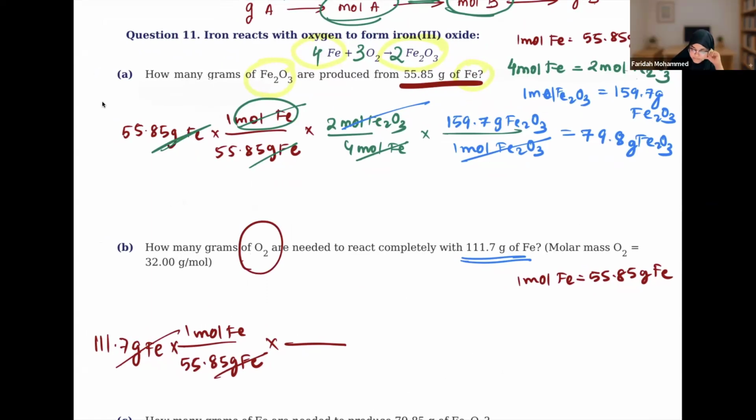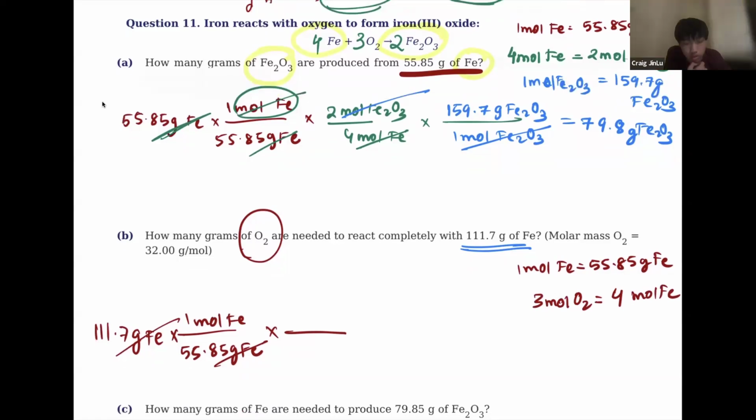In the balanced equation, we can use 3 moles of oxygen and 4 moles of Fe. We put the 4 moles of Fe on the bottom because we want it to cancel out, and the 3 moles of oxygen on the top.